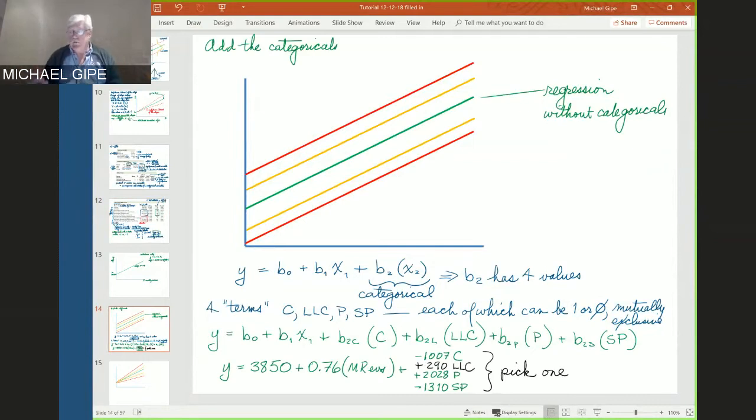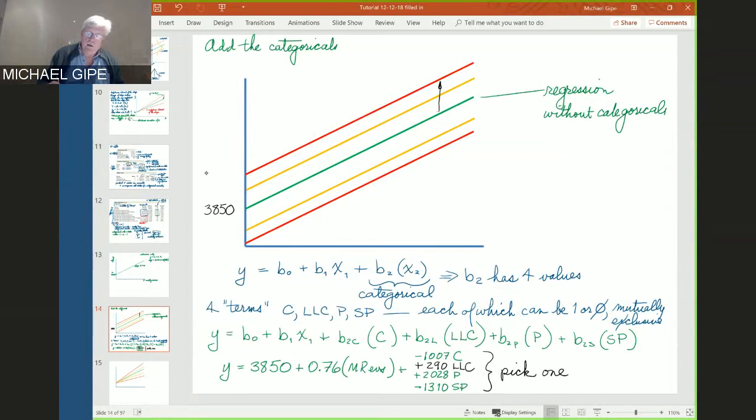Now, if you were to look at this, what's the graph look like for this? So if a particular observation was for a partnership, we would add 2028 to the overall model that incorporated intercept and the continuous variables. So we'll take that green regression line and we'll basically add a constant 2028 to that for a partnership, and essentially we're shifting that up, whereas the intercept here was 3850 for the plain regression without categoricals.